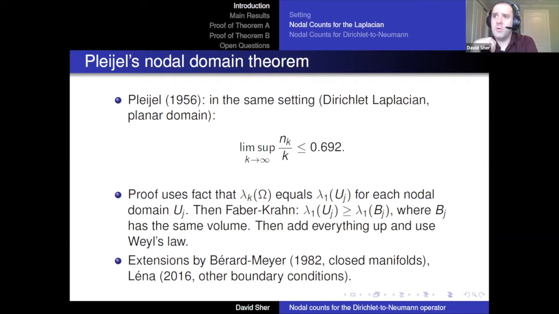And then more recently, there's a bunch of work on this by Bourgain and others. I don't mean to leave anybody out here. I will mention only that Léna proved it in 2016 for Neumann and Robin boundary conditions. Okay. All right, so that's the background for what's known about nodal counts of the Laplacian, a very, very abbreviated version.